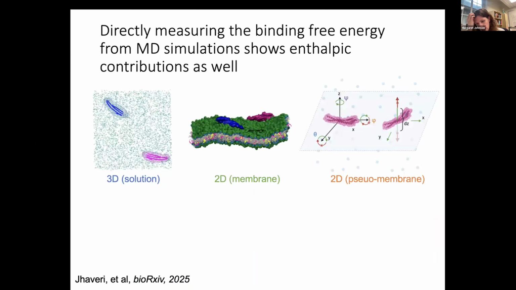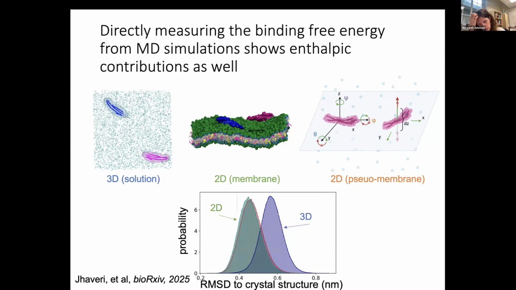And so to interrogate this a little bit more, we looked at binding between two membrane-associated proteins. We used MD simulations. So we did 3D versus 2D, and we even did a pseudo 2D, where we removed the membrane and just retained all of these restrictions to orientation in Z. And one of the things that we showed is that you could assume it's purely entropic, but we showed there can also be an enthalpic contribution.